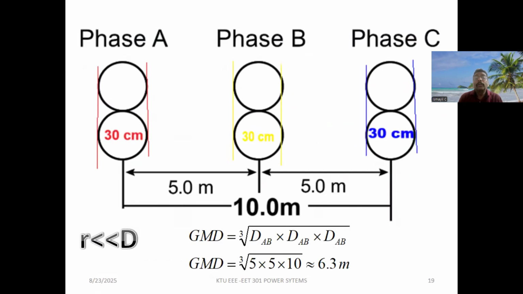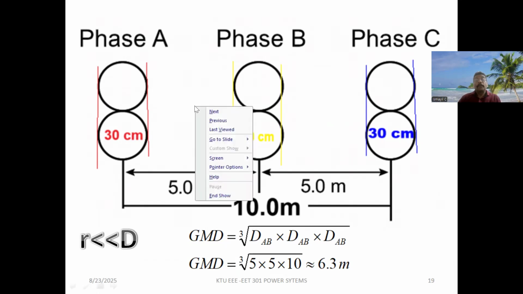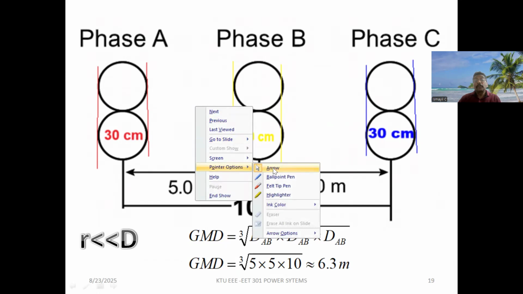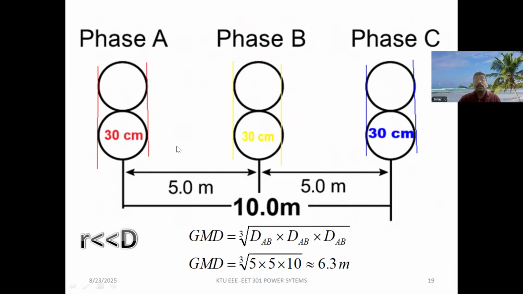Now, you can consider a problem that there is a transmission line which uses bundled conductors.